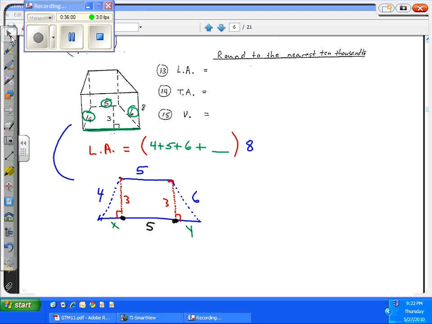In the triangle on the left, we can do C squared equals A squared plus B squared to find X. In the triangle on the right, I can do C squared equals A squared plus B squared to find Y. Okay? So I'm going to get C, which is 4 squared, equal A, which is X squared, plus B, which is 3 squared.